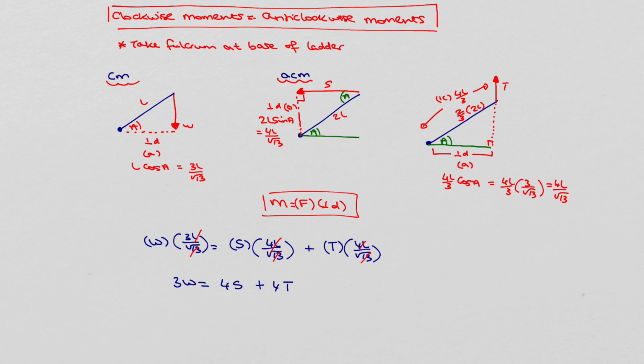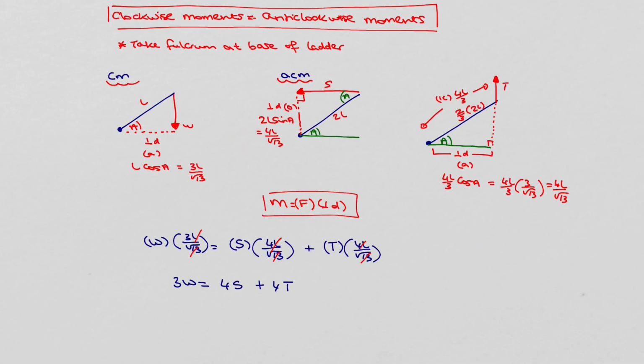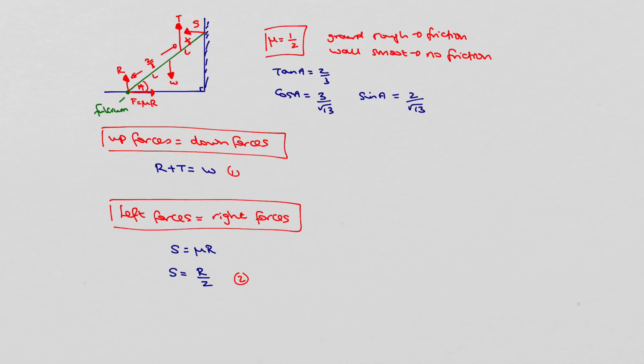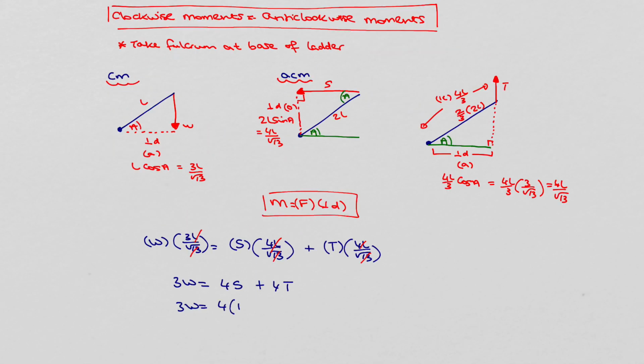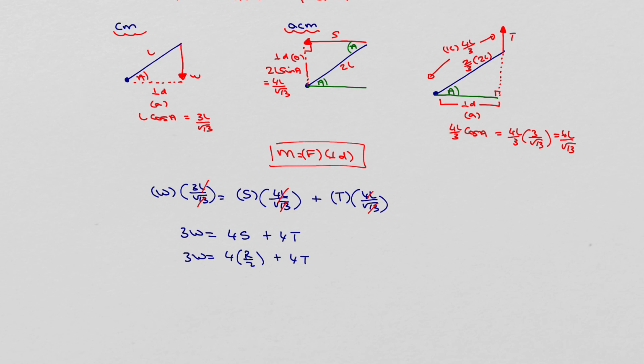But of course we know that S is equal to R over 2. But if I simplify that, we get 2R plus 4T.